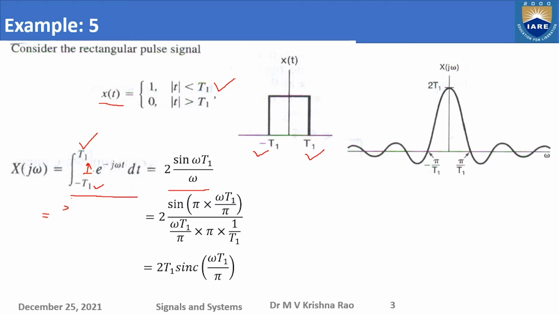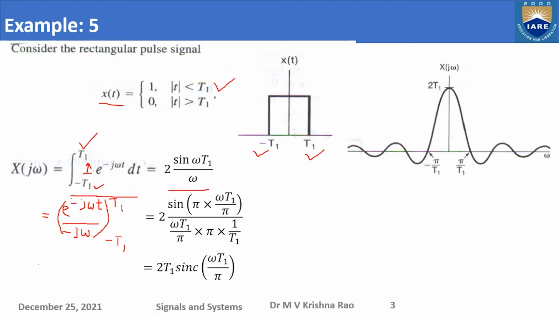I am integrating e to the power of minus j omega t. After integration, it becomes e to the power of minus j omega t divided by minus j omega, limited by the interval between minus t1 and plus t1.